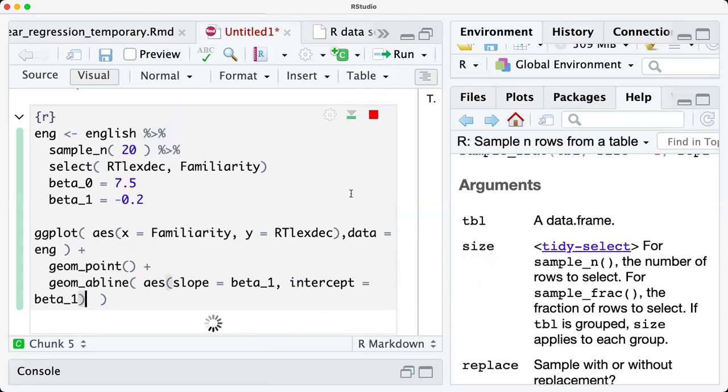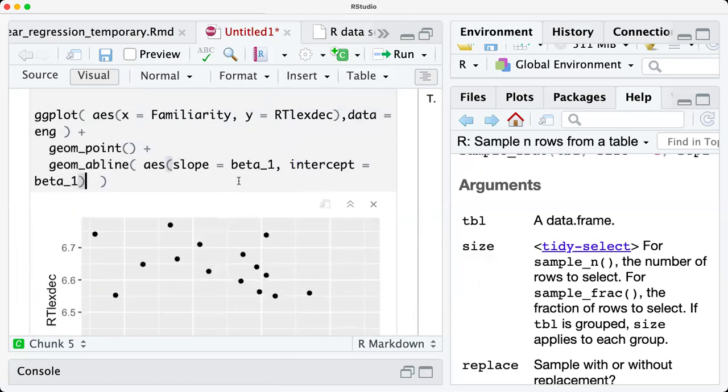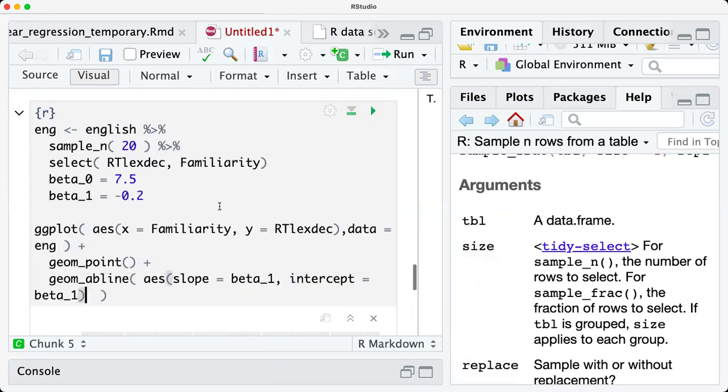Now we should see a line here. Slope is beta 1.